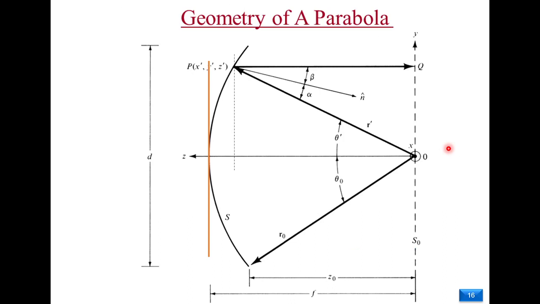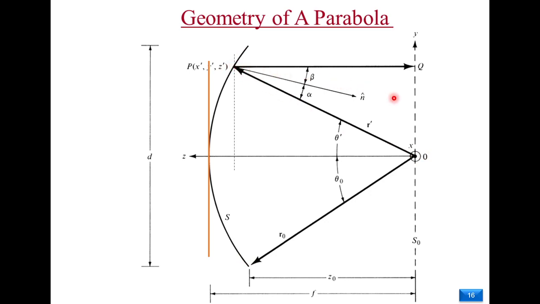Okay, what is the proper geometry of the parabola? So if this is the focal point, we'll assume the focal point is the origin, and we'll assume this is Z. Then we have Y, and we have X, which is perpendicular out of the screen here, and this is what we have. So the idea here from geometric optics, at any point we choose the surface such that the signal goes from here, will go to the surface, then is reflected.